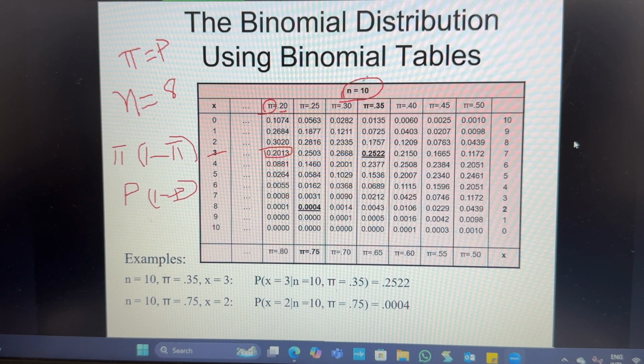If your n is 10 and your p is 0.35, and you want to find x equal to 3, you get the answer just here. So you get the answer directly from your binomial table. Also from Excel software you may find it very easily if you want to calculate the probability.